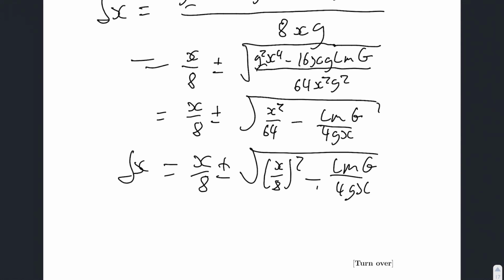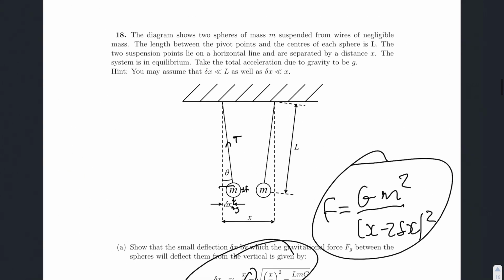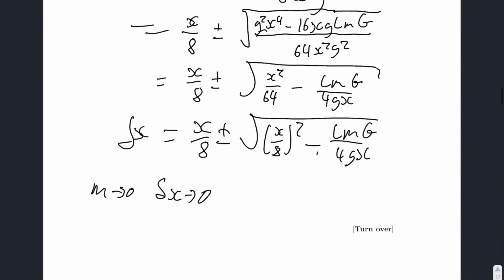And the reason why is if we look at delta x here, we know that as the mass goes to 0, delta x will have to go to 0, okay? Because if the mass is completely 0, then it will just be hanging down, so delta x will be 0.